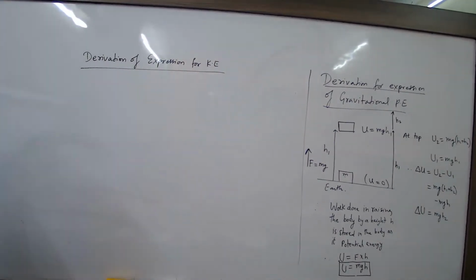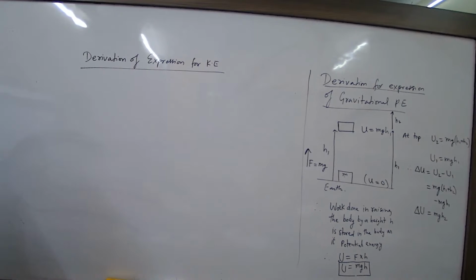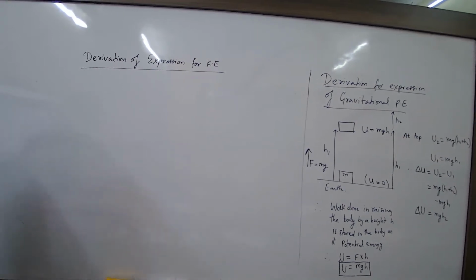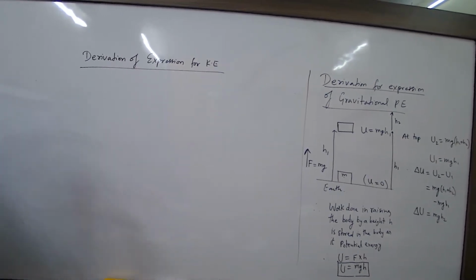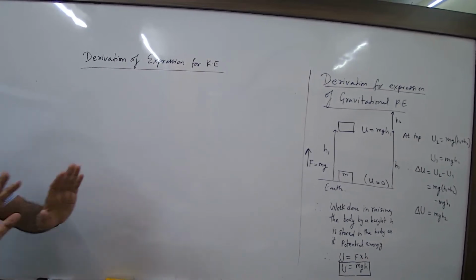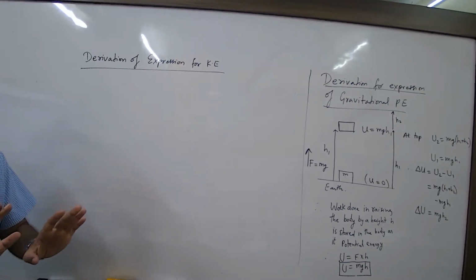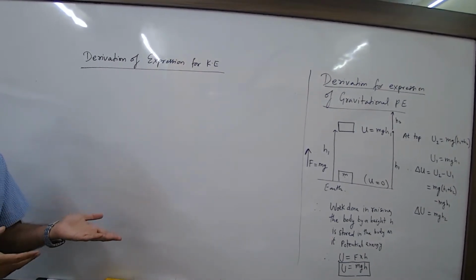Now, I think we have already defined what kinetic energy is: energy by virtue of its motion. So how will we derive this expression? Suppose there is a moving body. Whatever work I do in stopping that body should be a measure of its kinetic energy.